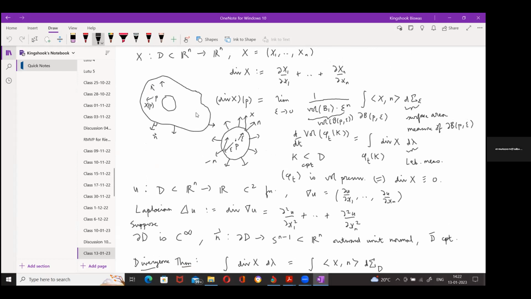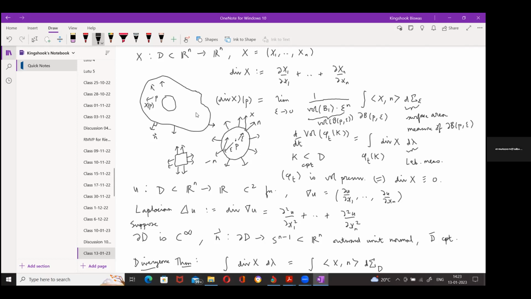When you define the divergence as a limit of integrals of the outflux over a small sphere, instead of a sphere you could take a small cube, do the same integral over the surface of the cube, and divide by the volume of the cube. You'll get the same answer; it converges to the divergence.